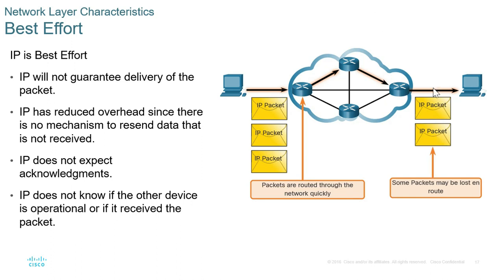Jadi kalau data tu hilang ataupun being dropped, there's no way of notifying the sender that data tu hilang. Semua tugas-tugas ni kita bagi kepada layer yang lain. Jadi untuk sesuatu application tu, dia must make sure there is some form of connection oriented ataupun some form of resending dekat layer lain. Tapi dekat network layer, hanya tugas dia is concerned with sending from source to destination. It's not concerned with any acknowledgements.